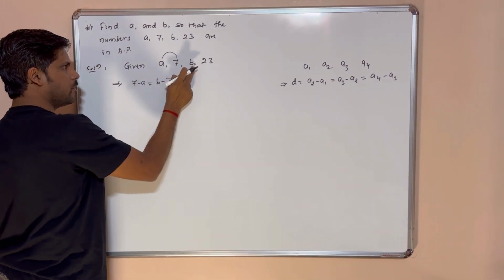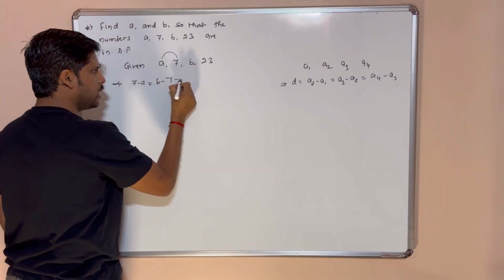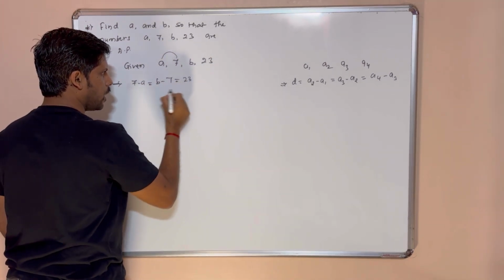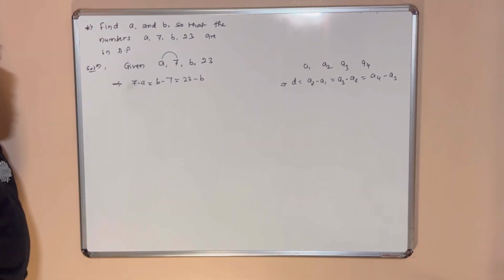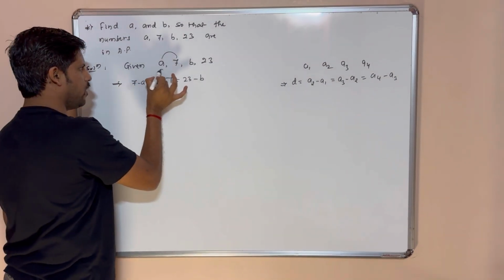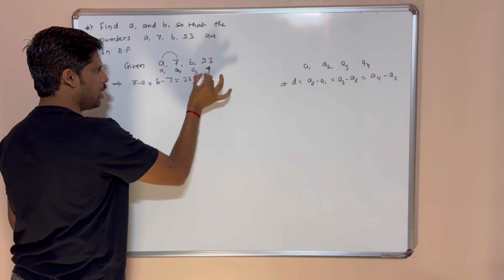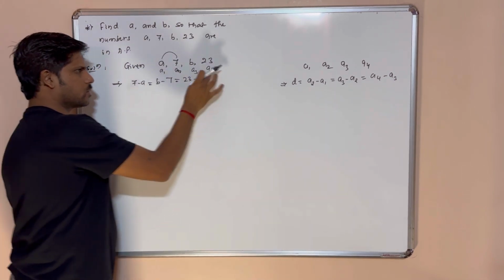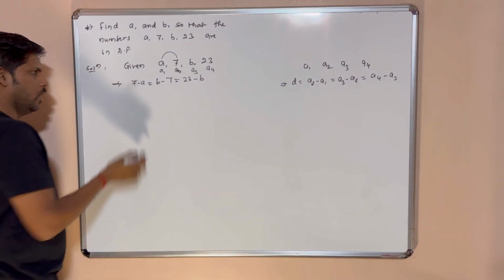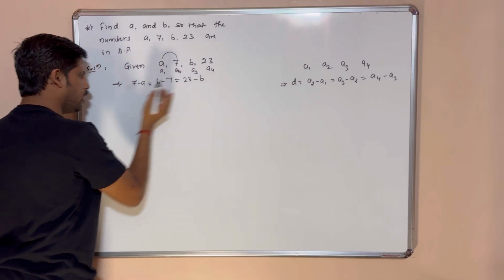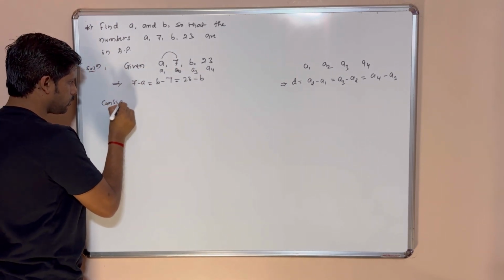So 7 minus A is equal to B minus 7, A3 minus A2 is equal to A4 minus A3, because in place of A1, A, A2, 7, A3, B, A4, 23. So substitute here.